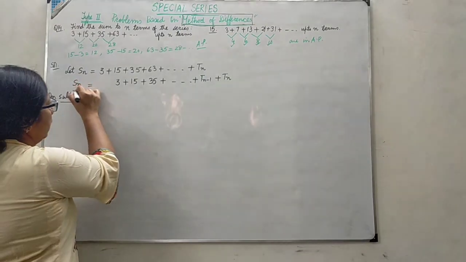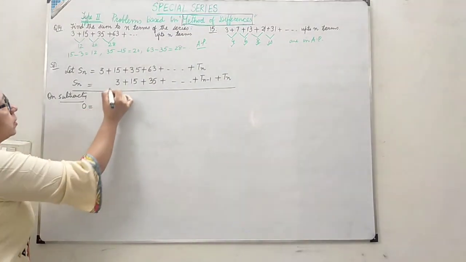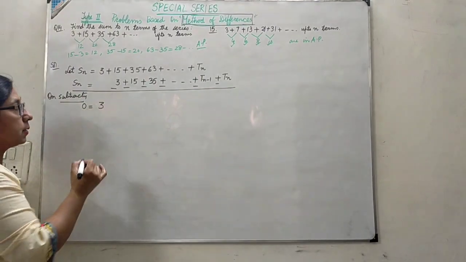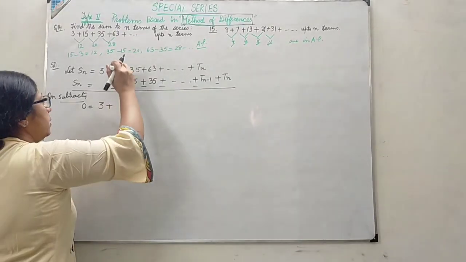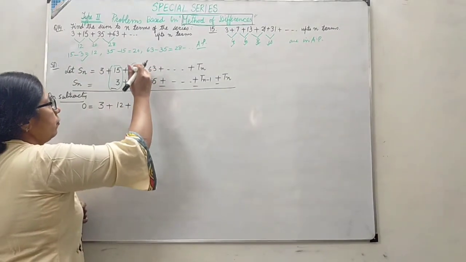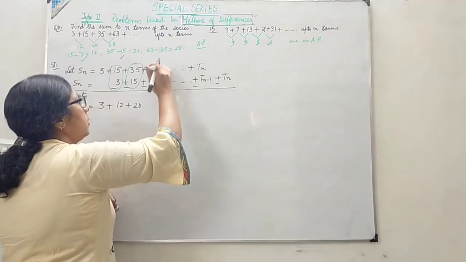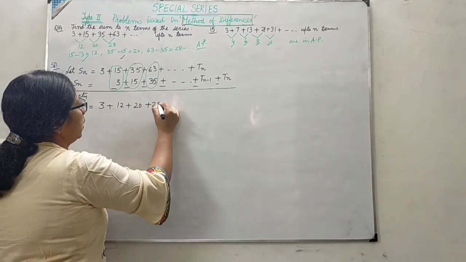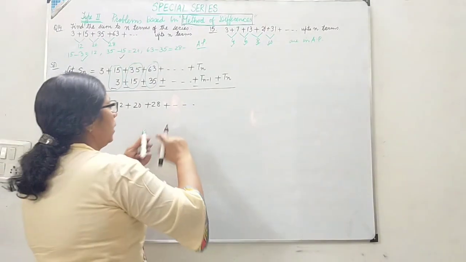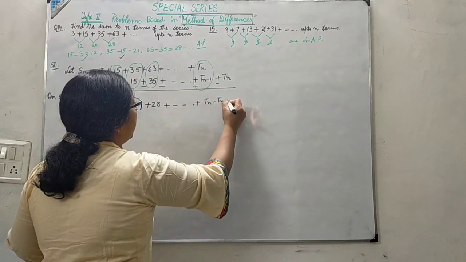So on subtracting, on the left side I am getting 0, the minus sign changes all terms, and we are left with the first term as it is, and then 15 minus 3 is your 12, and then again 35 minus 15 is 20, and then 63 minus 35 is 28, and it will go on. These are all differences of consecutive terms, and here also this will be your Tn minus 1.